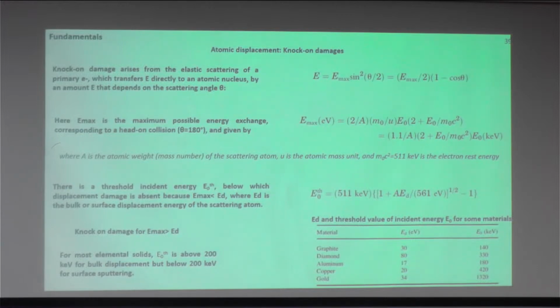So the knock-on damage in the material: if electrons come to the lattice, they can just kick the atoms out of your lattice, either shifting them to the neighbors or kicking them out of your material, and then you can see damage like amorphization, or even holes in your specimen.